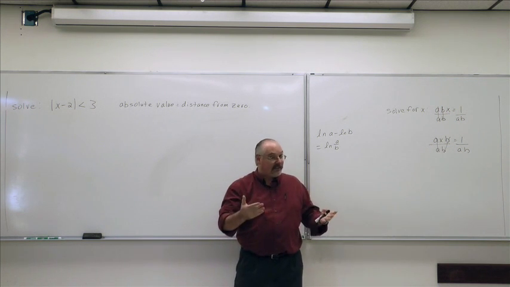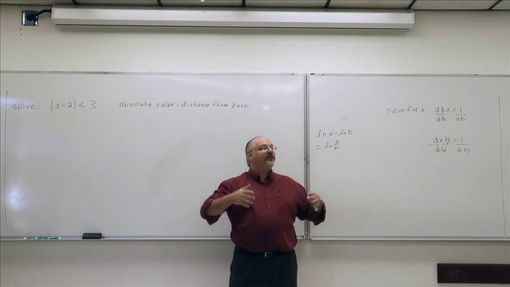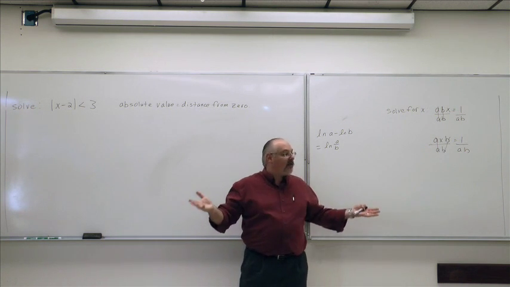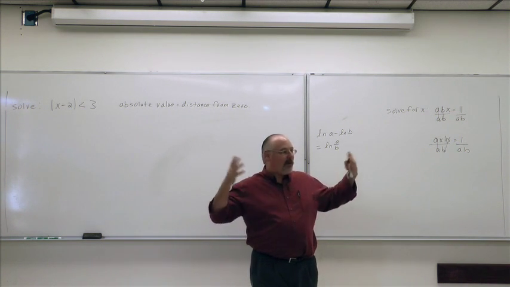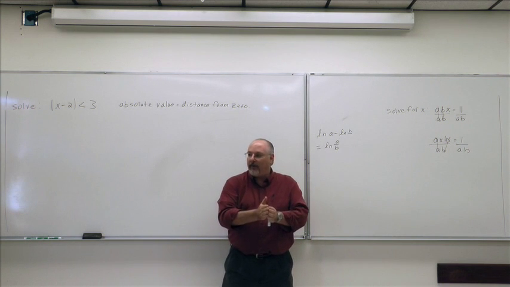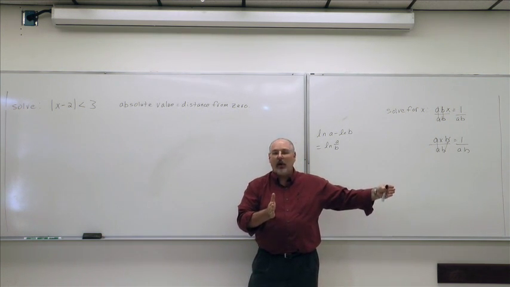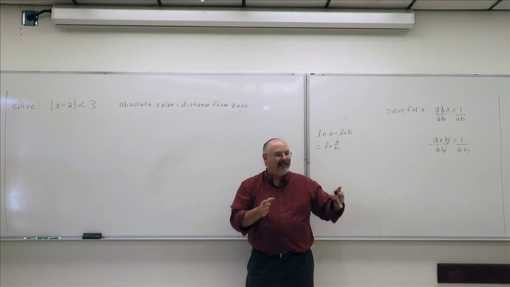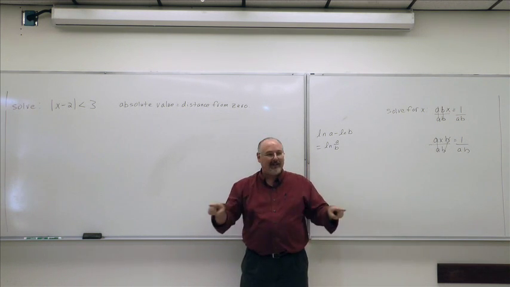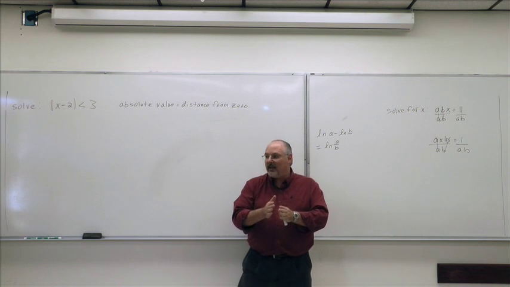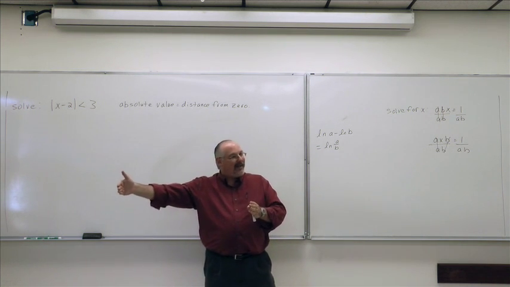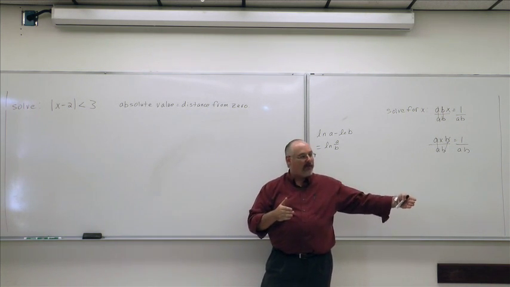Their distance from the stake is less than the length of the rope, or chain, whatever it is. So they can go from one end to the other, and anywhere in between.